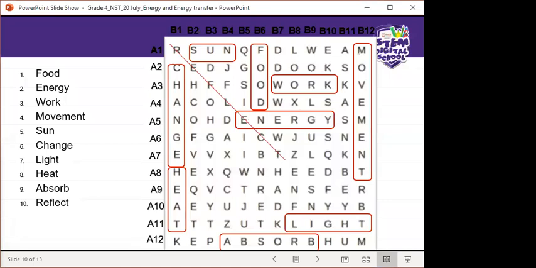Okay, all right. So the next word, I don't think it's the last word, is transfer. Where do we find transfer?